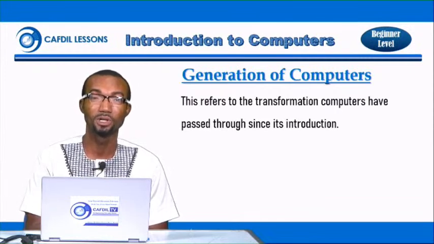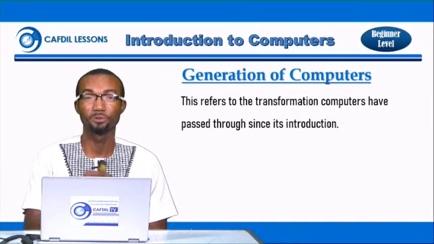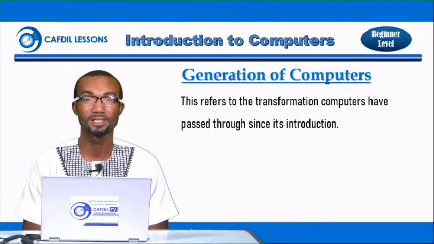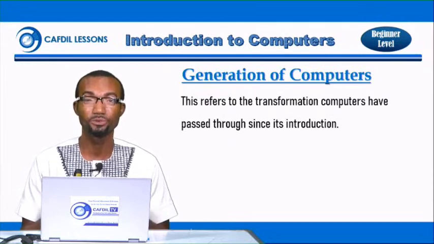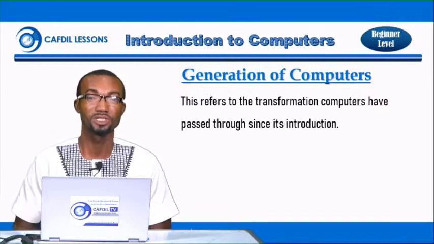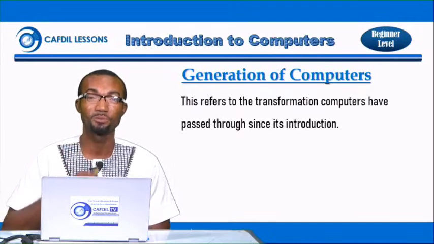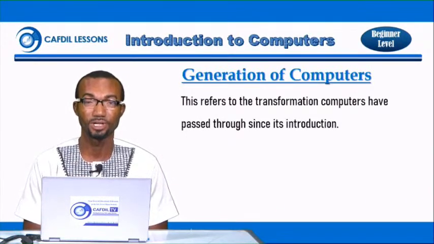We went through the landline phone, the phone booth, the ordinary cell phone, before coming to the smartphone. The same way, computers that we see today started somewhere. So when we say generation, we are talking about the transformation computers have passed through since its introduction.